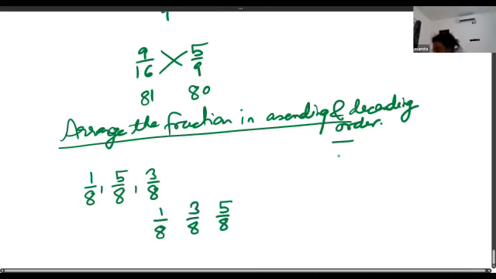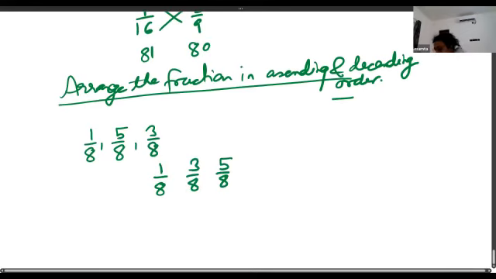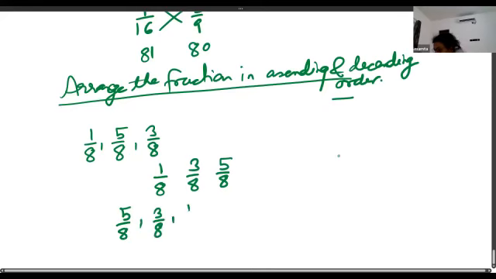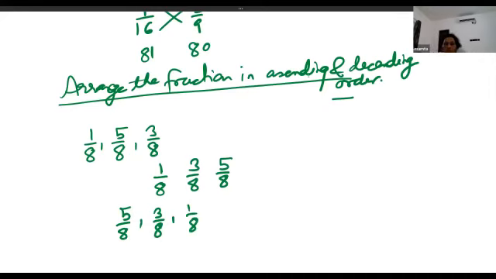In like fractions, it is very easy. Just arrange the numerators in ascending order. Okay, children, if I say arrange them in descending order, then it will be 5 by 8, 3 by 8, 1 by 8. Okay, children, please note it down.